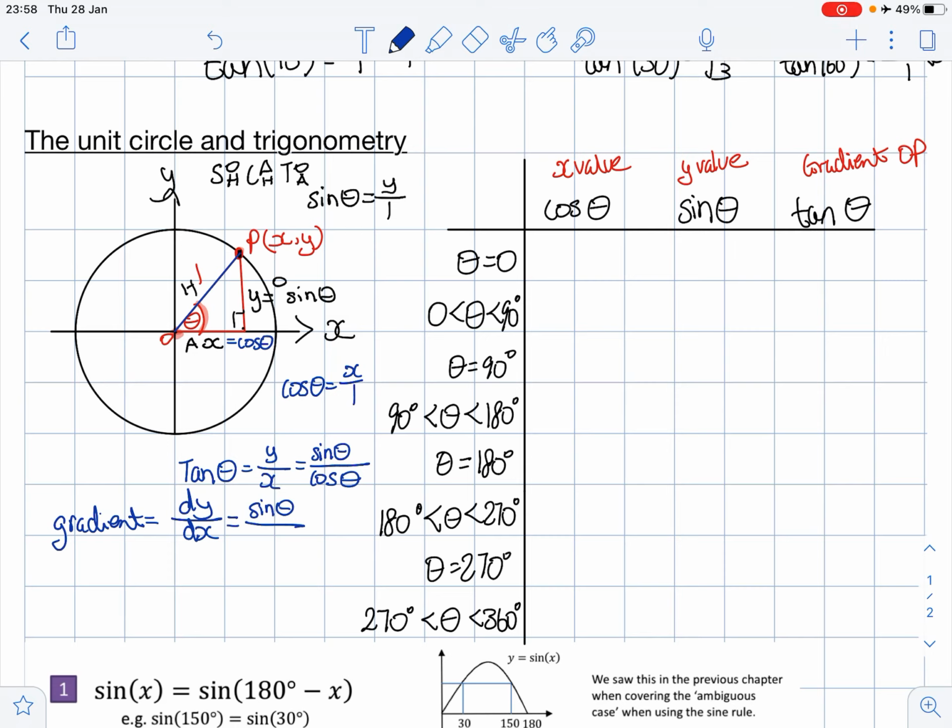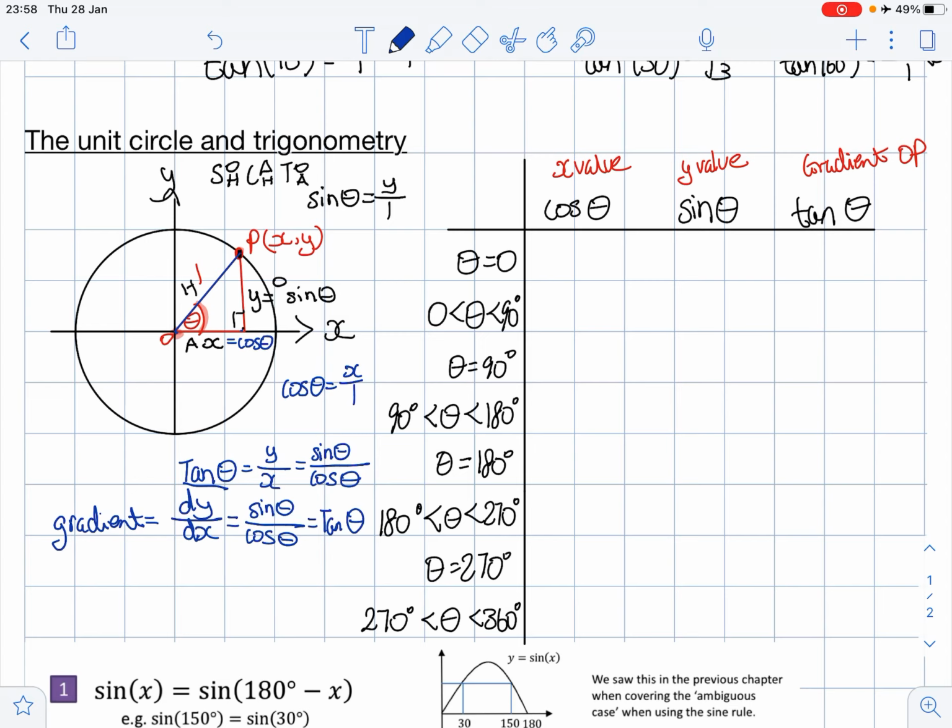And the difference in x, from here to here, is cos theta. Then we see that tan theta is going to equal our gradient. So we also know that gradient is the same as tan theta.